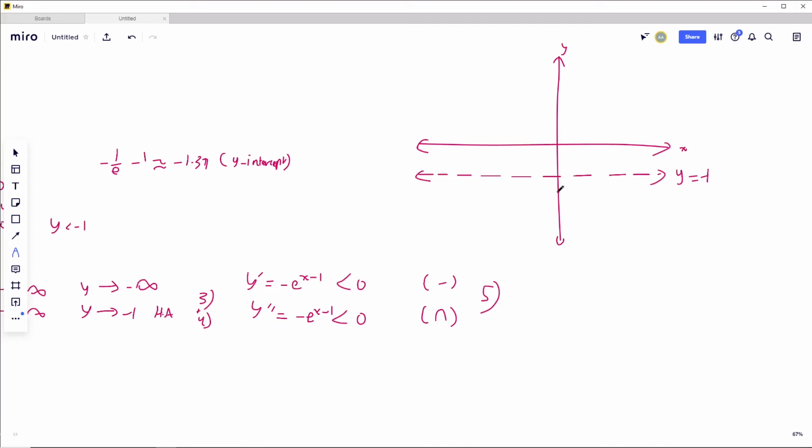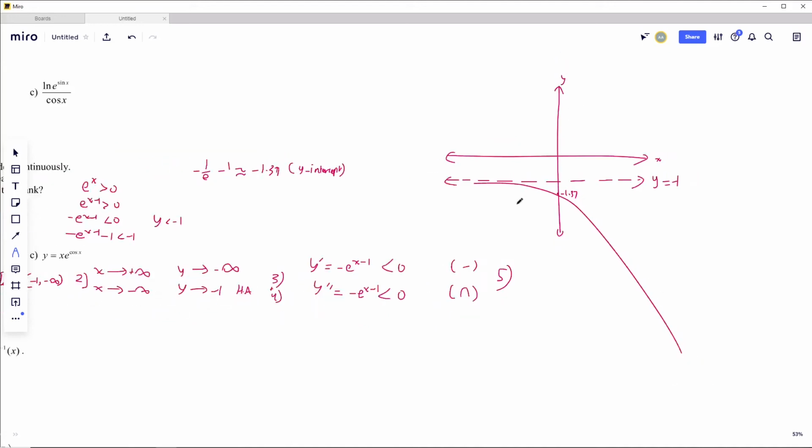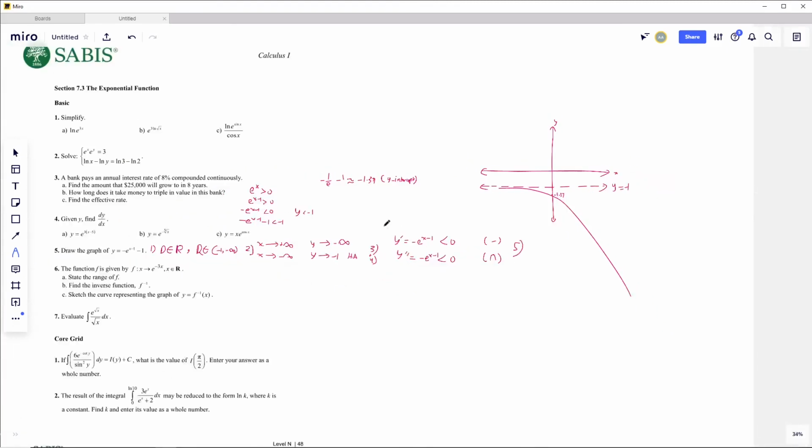So this is roughly minus 1.37, because this is minus 1 already, so this is kind of like 0.37. So it goes something like this, like that, and just like that, just connected, no matter how it looks.